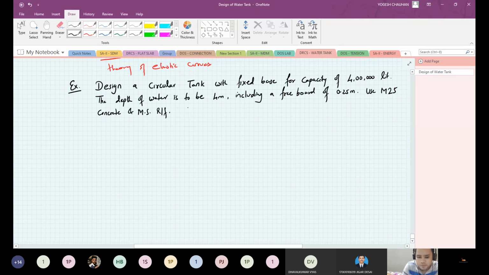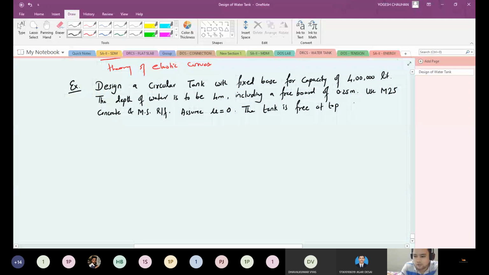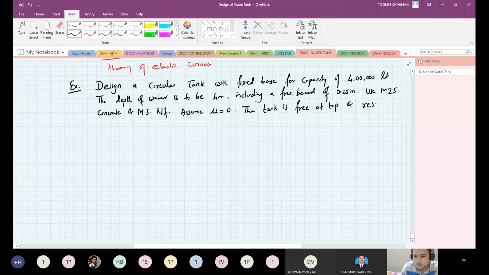Okay. Assume Poisson's ratio, that is mu, is equal to 0. The tank is free at top and rests on ground.